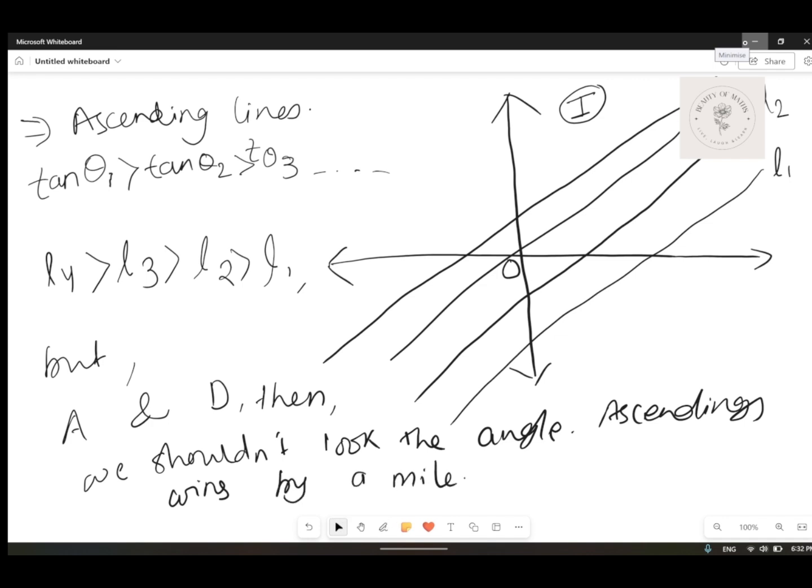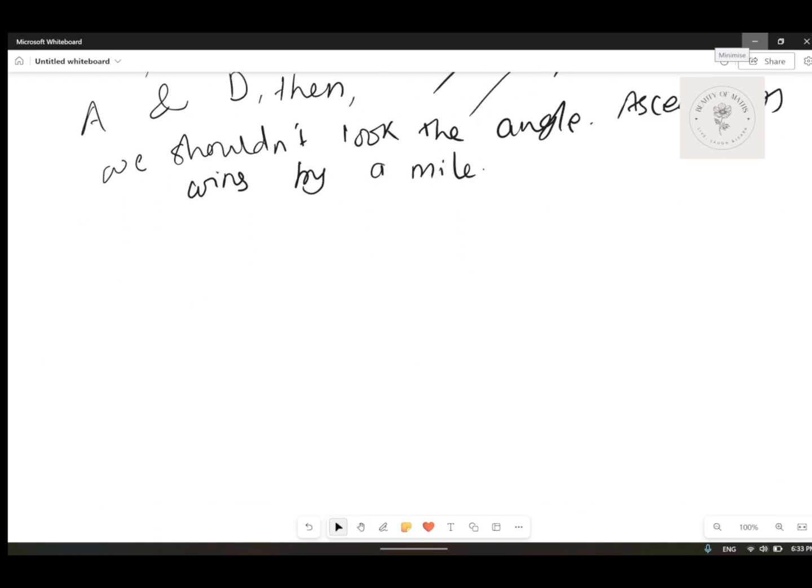Okay, so you might again ask me why theta is higher in the descending, but if you go to the numerical values of tan theta, then here tan is positive and here tan is negative. So there is no comparison between these lines and these lines. I hope you understood. So we have only two kinds of lines, ascending lines and descending lines.